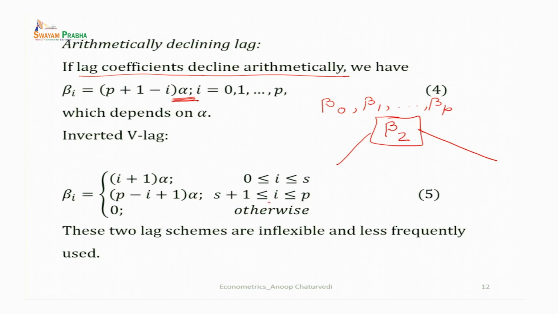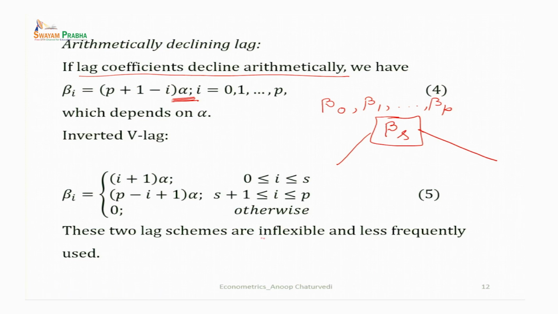So, after this point s, the weights are declining linearly. So, you get an inverted V lag shape. Here the maximum value which you get is at i equal to s.